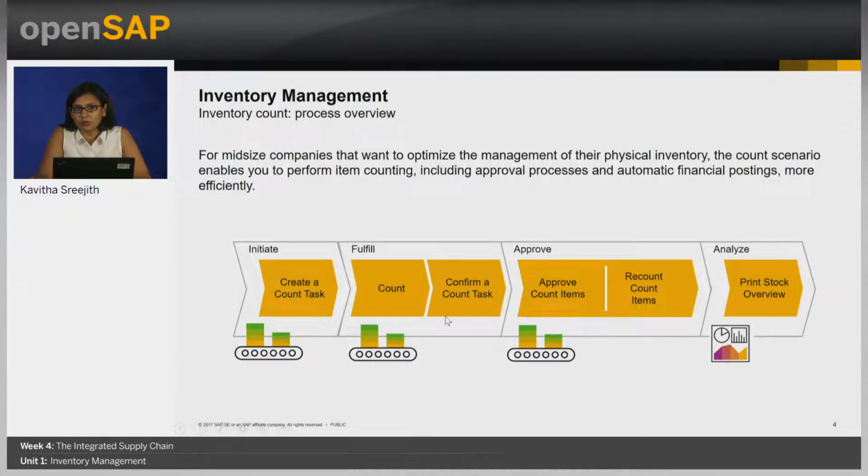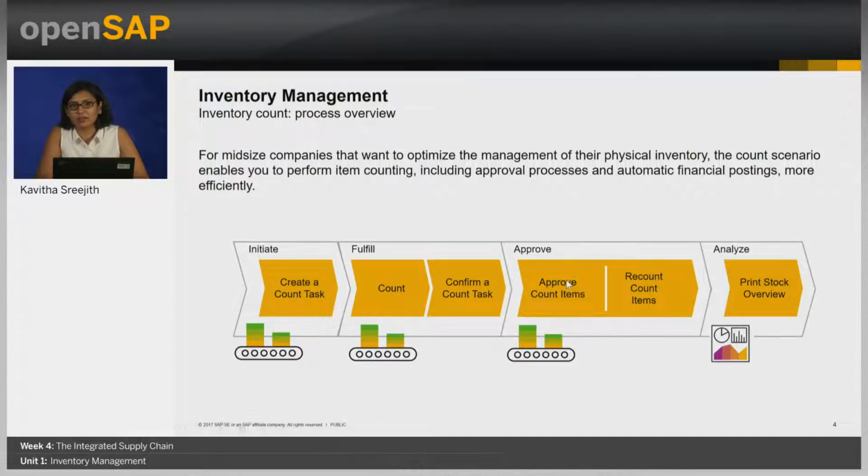Now let's look at the overall process flow for counting. At a high level, the process is divided into 4 steps: initiate, fulfill, approve and analyze. As shown, the process starts with the initiation step by creating a count task. During fulfillment, the warehouse worker is expected to physically perform the count operation and then confirm the count task in the system based on his or her count results.